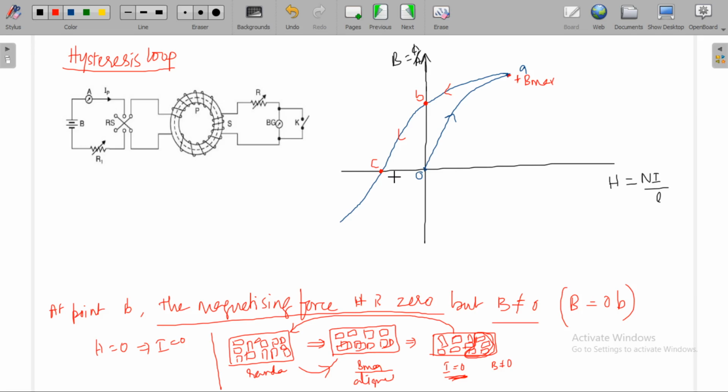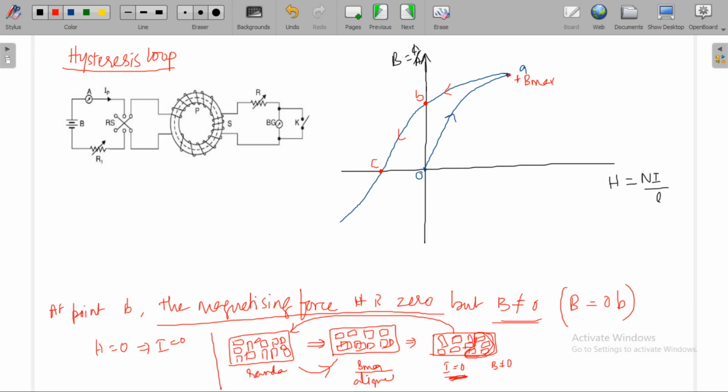Flux becomes zero. So at point B, even though the magnetizing force is zero, B will not be equal to zero because of this reason.